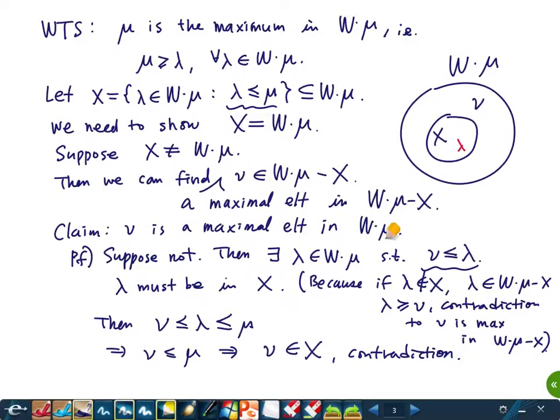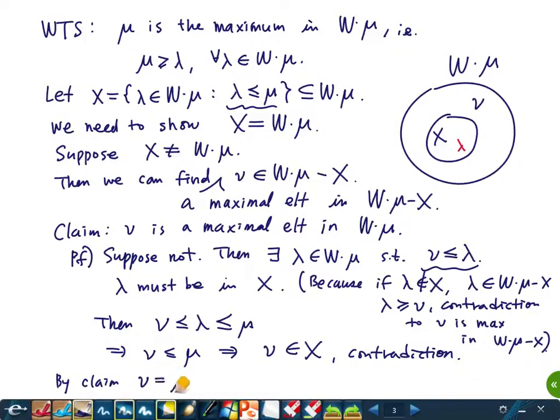Yeah, this argument is slightly complicated, but it's a technique used when you are dealing with partial ordering. So the claim is proved.